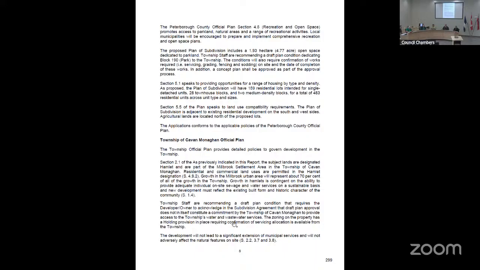Water and wastewater services. Yes. So, Councillor Byrne, right now the zoning that was approved has a holding on the residential portions. There isn't capacity at the wastewater treatment plant, so there is a holding on the residential portion. They have to wait until we have capacity at the plant in order to get a building permit to build there. So right now it's sitting in a limbo state until capacity is there.